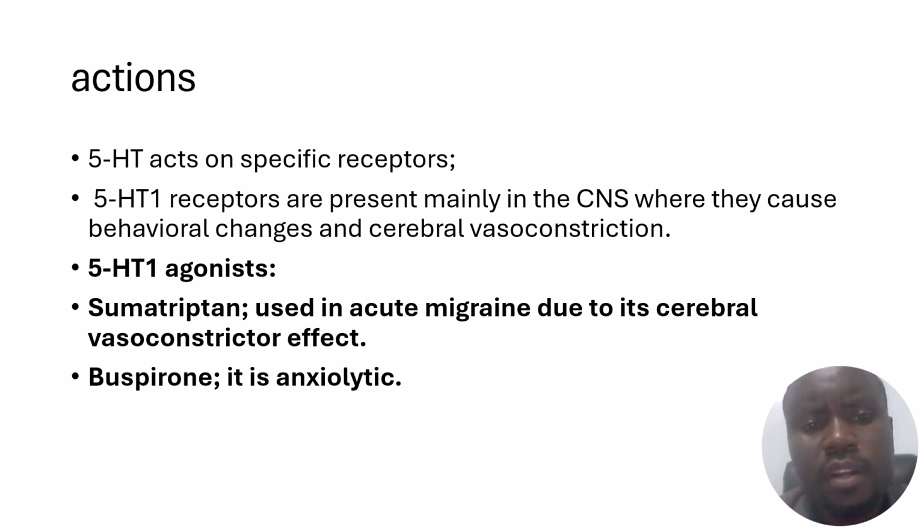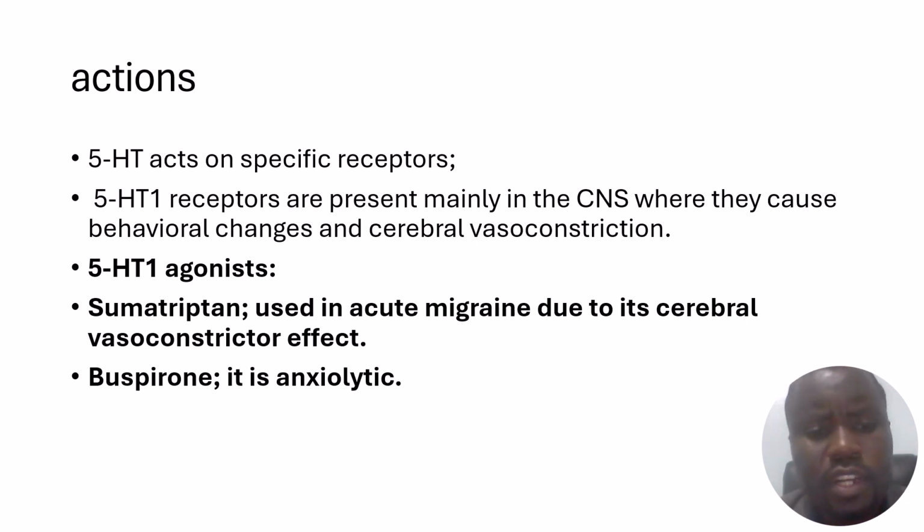Serotonin type 1 is found in the central nervous system tissues, where they will cause behavioral changes, including vasoconstriction. The vasoconstriction related to 5-HT1 is very important, especially in conditions like migraine headaches or migraine syndrome, where the agonists of serotonin type 1 receptors, sumatriptan and the related triptans, are important in the abortive objective of migraine attacks.